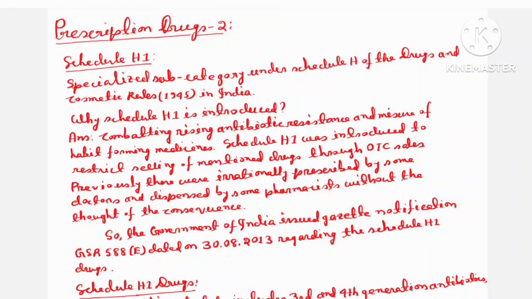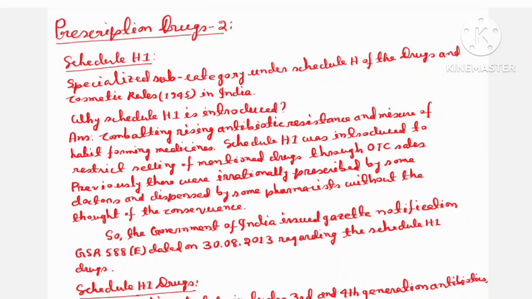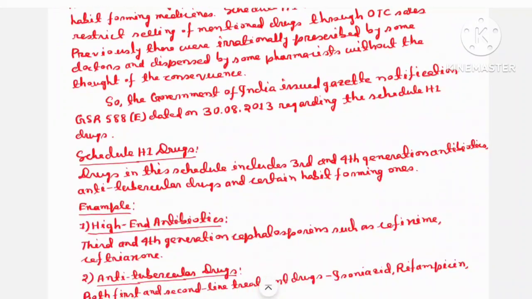Previously, these were irrationally prescribed by some doctors and dispensed by some pharmacists without thought of the consequences. So, the Government of India issued Gazette Notification GSR 588E on 30th August 2013 regarding the Schedule H1 drugs.